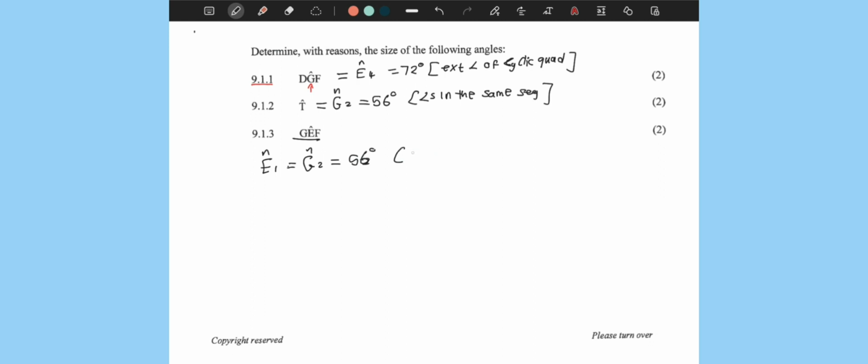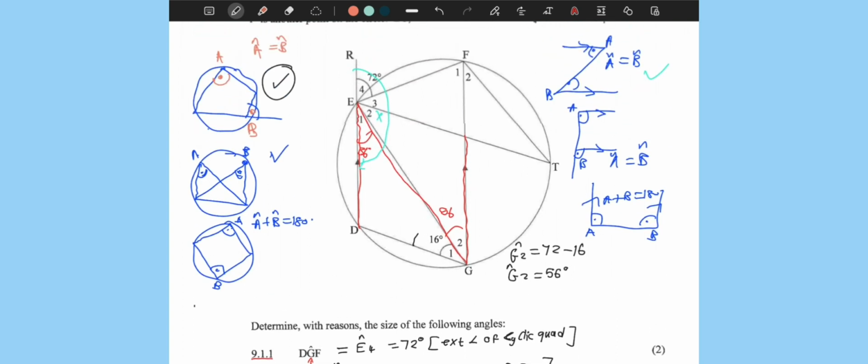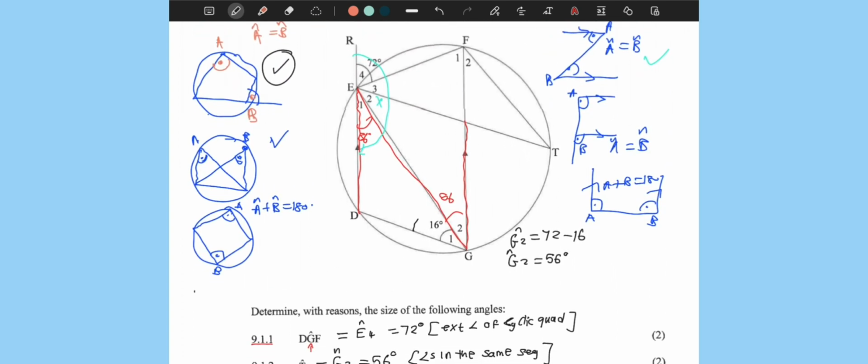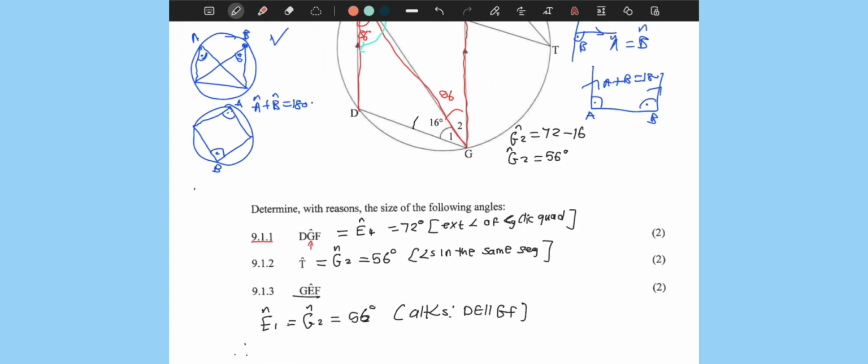The reason being is because of these alternate angles. You need to indicate the lines that are parallel, which is DE parallel to GF. Then after that, I'm going to sum the angles which is E4 plus GEF plus E1.